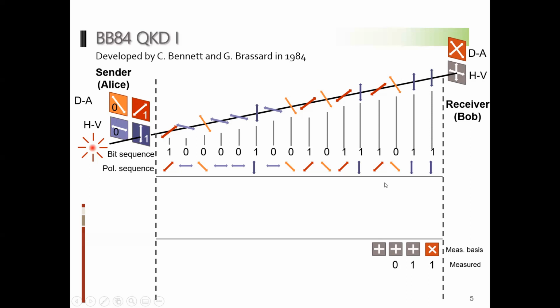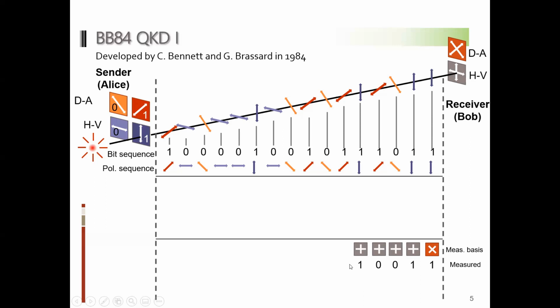And then for the first one, yeah, the basis didn't match, and now it is again a random number, and you might get a zero. And now Bob randomly chose HV again, and somehow by accident the basis of Alice and the basis of Bob are matched. In this case, Bob should definitely measure one, right?